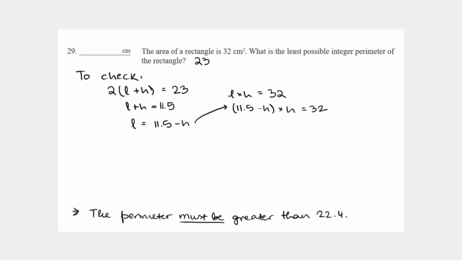This gives you 11.5H minus H squared equals 32. So H squared minus 11.5H plus 32 equals 0. I'm moving everything to the right side, and the left side just becomes 0. I just flipped which side is which. Now use the quadratic formula.